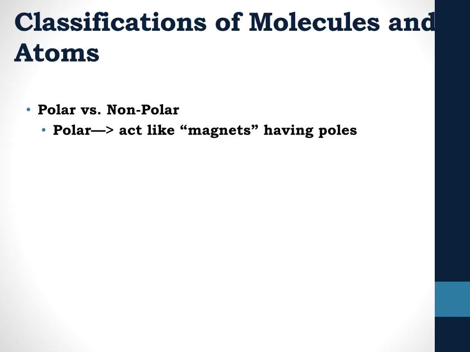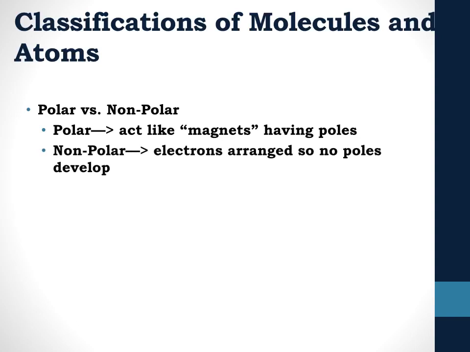Nonpolars do not have that. The positive end and the negative end on a polar molecule has to do with where electrons spend their most amount of time. Because polar molecules have this positive and negative end and nonpolar molecules don't, they don't regularly interact with each other.